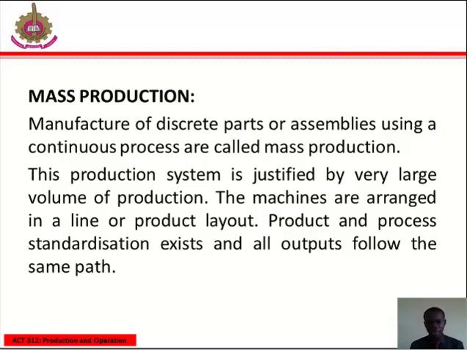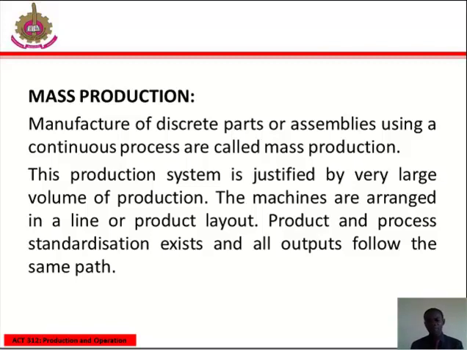It also has some characteristics, which are: number one, standardization of product and process sequence; secondly, dedicated special purpose machines having higher production capacities and output rates; thirdly, large volume of products, short cycle time of production, lower in process inventory, perfectly balanced production lines.